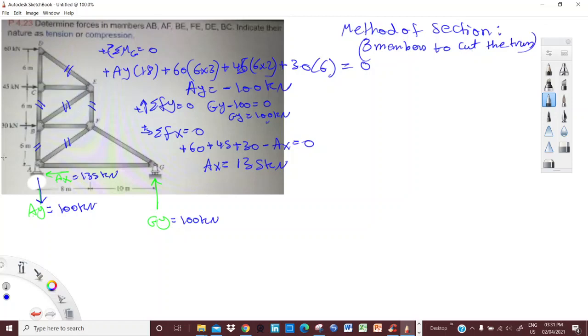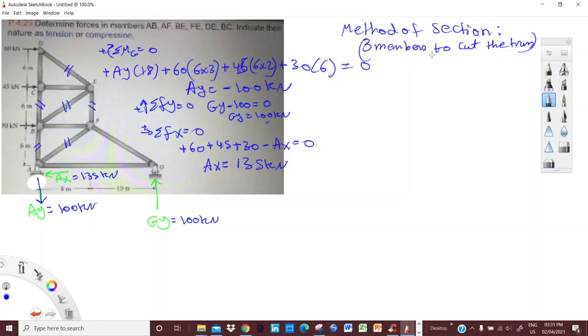Like using your knife, you cut three members. And here we don't do a method of section at D since it's only two members.